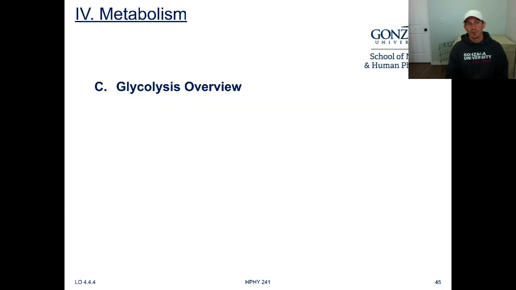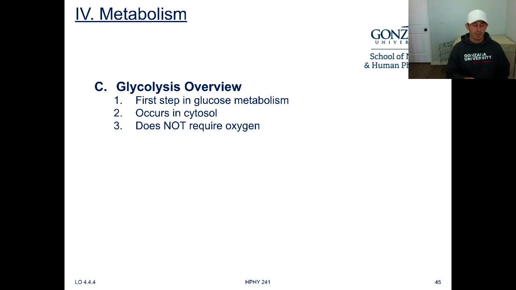So let's begin with this first step, glycolysis. You may or may not have had it previously, which is fine because we're going to start from the ground up. It is the first step in glucose metabolism, and like I said, it does occur in the cytosol. However, one thing that you need to know right now, glycolysis is an anaerobic process.